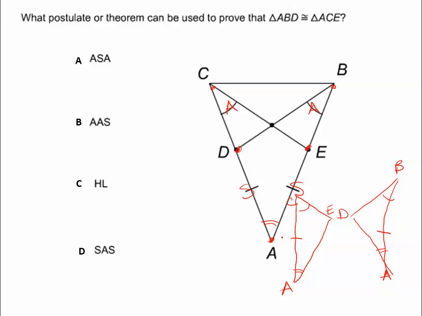So I'm trying to figure out something. Okay, I'm going to go with on this one that it's angle side angle, because here I have an angle, right here I have an angle, there I have a side, there I have an angle. So it's ASA.